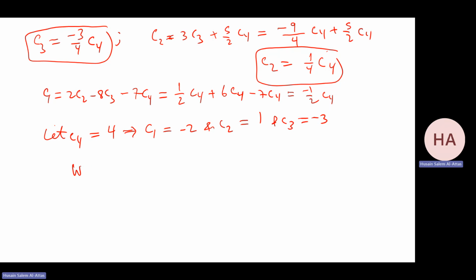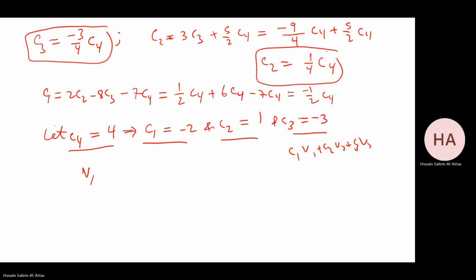So it means I can find C's, not all zero, satisfying this relation. So I can say V1, V2, V3, V4 are linearly dependent.